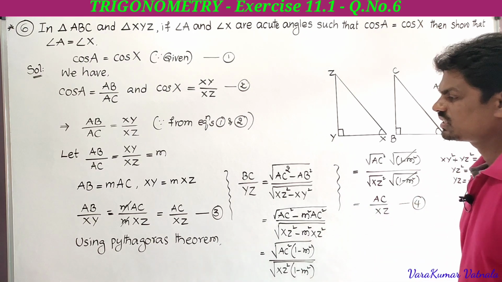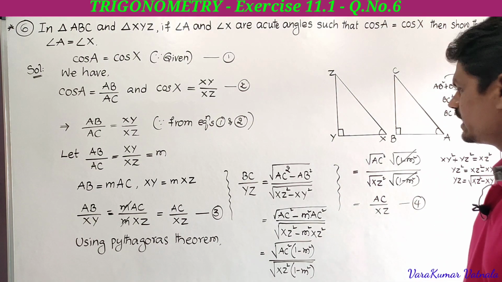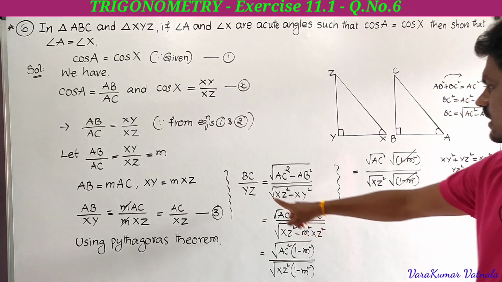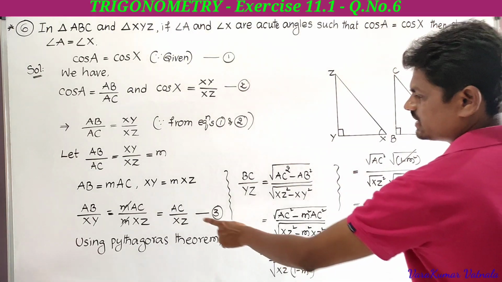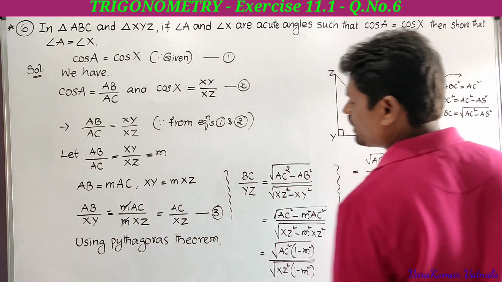So from equations 3 and 4, what we get, see here, it is nothing but BC by YZ equal to AC by XZ, but AC by XZ is equal to AB by XY.